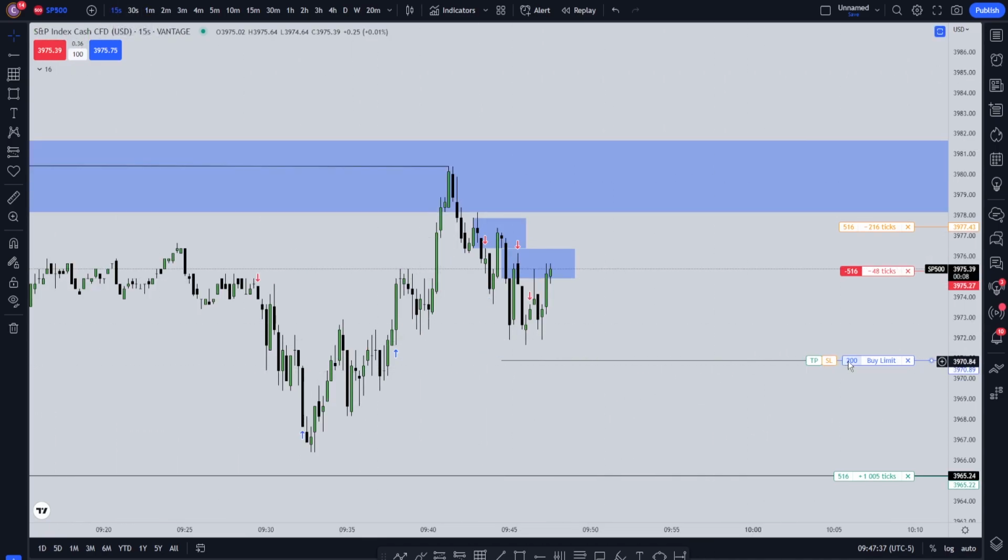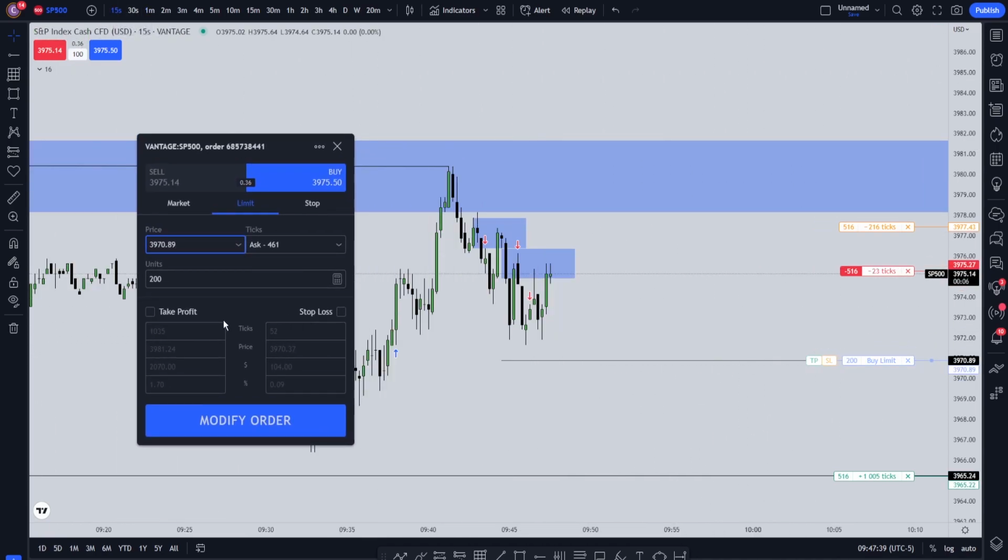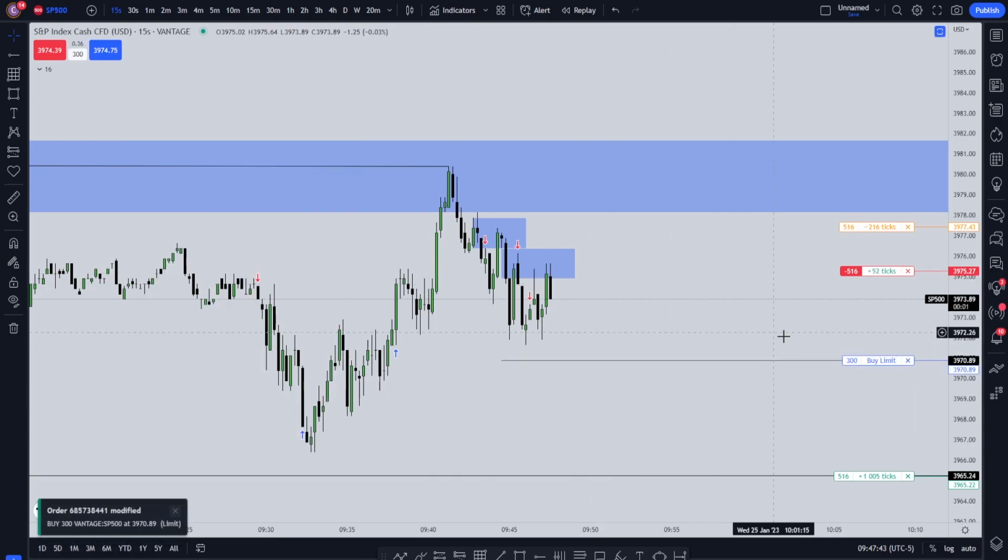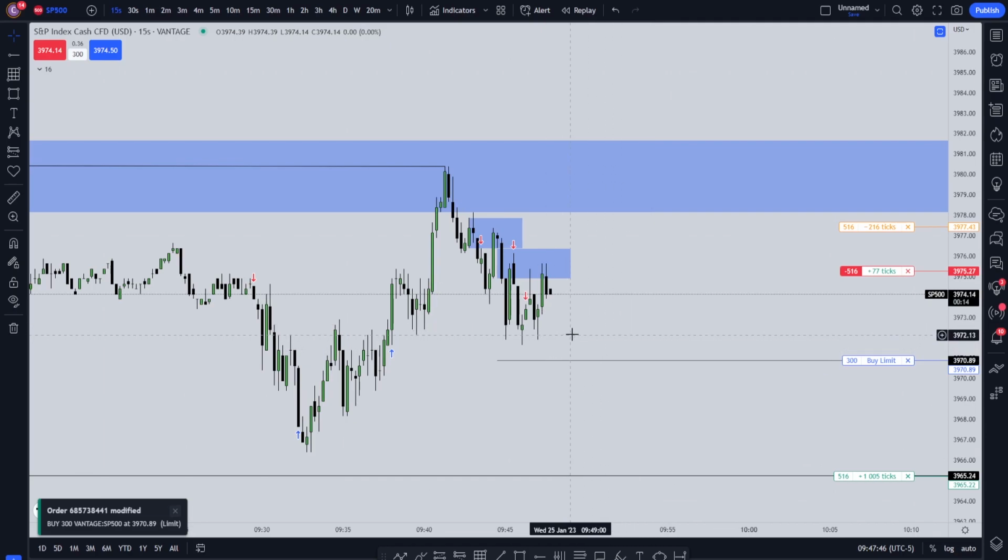So yeah, looking to have a 300 partial right there. So majority partial. No more entries now.